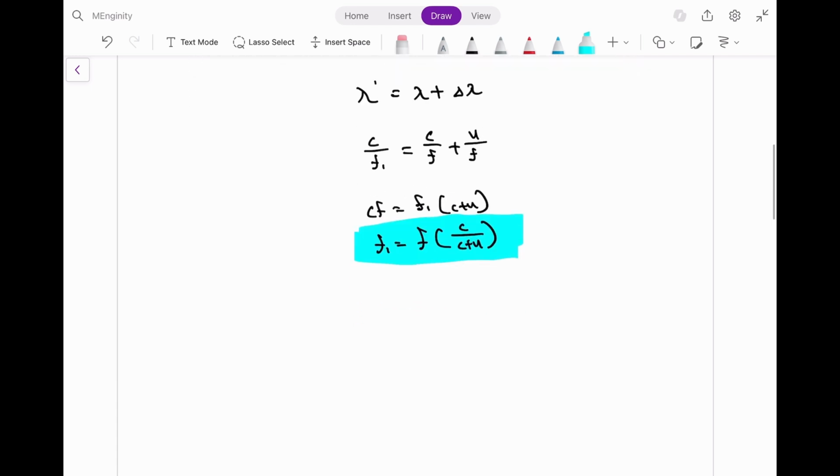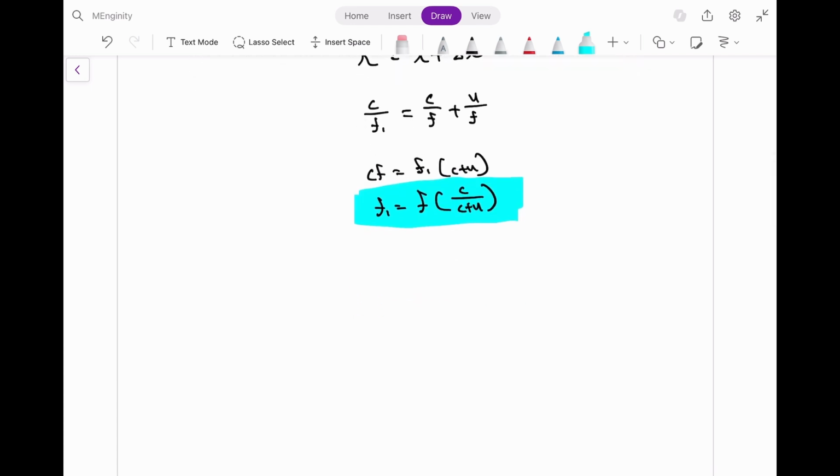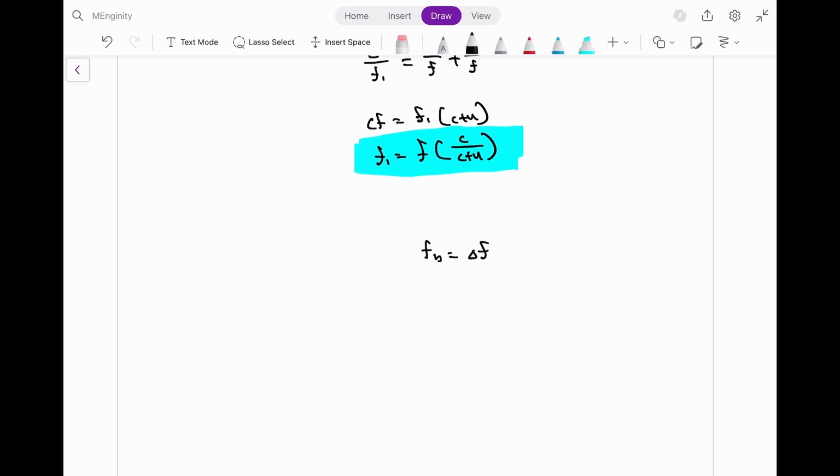So in this case, what I know is that the beat frequency is equal to the difference in frequency observed. So what we have to do is simply calculate the difference in frequency.